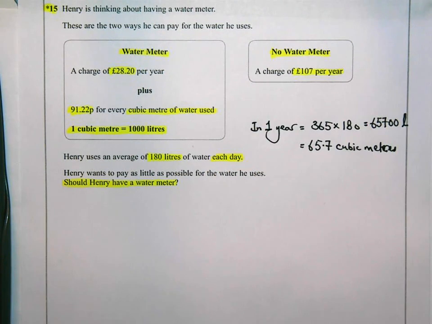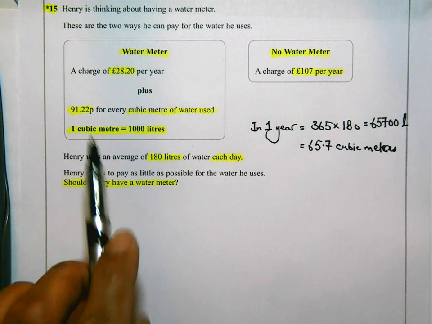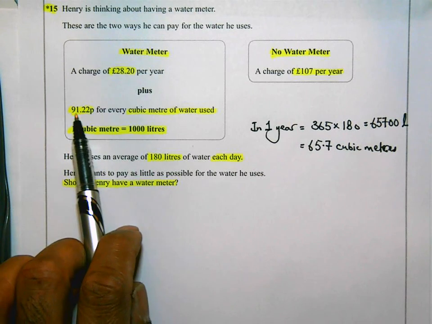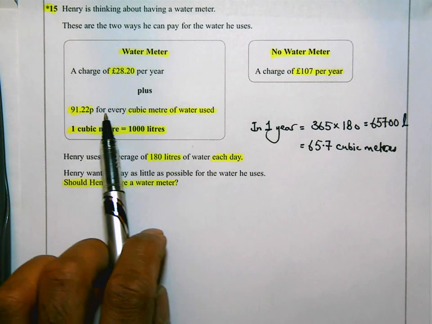Now, why do I need to know this? Well, he actually pays 91.22 pence for every cubic meter of water he uses.